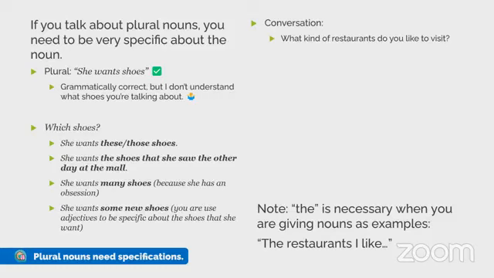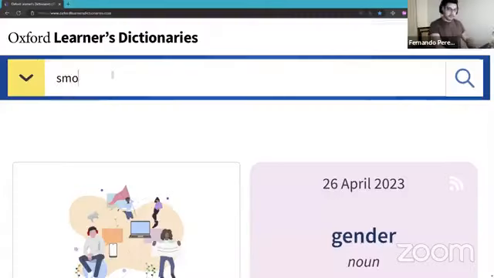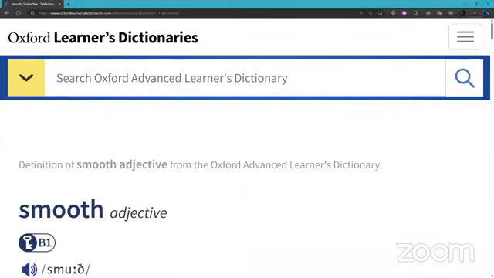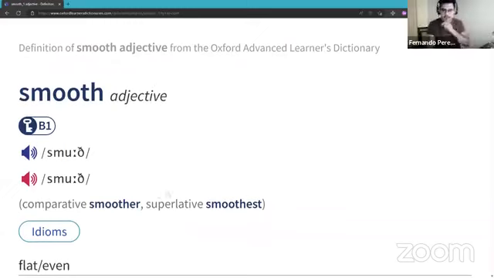I liked... how do you say suave? Suave is similar to smooth. Smooth. Okay. Smooth music. You like smooth music, exactly. Smooth. Relaxed and soft. Also soft.